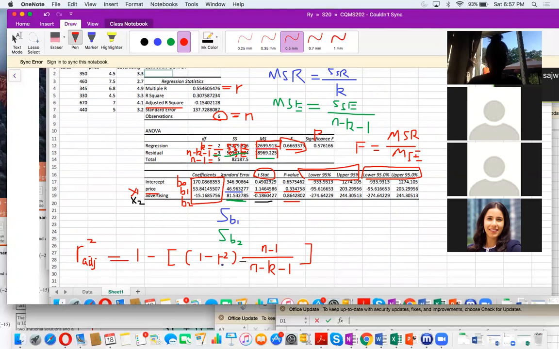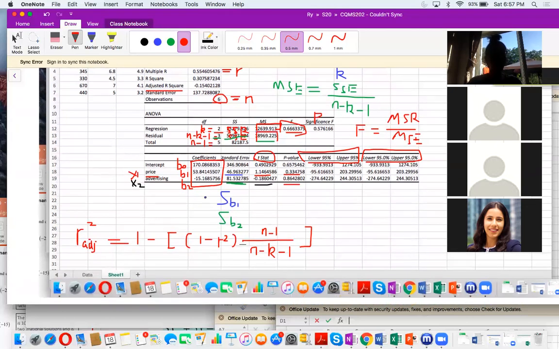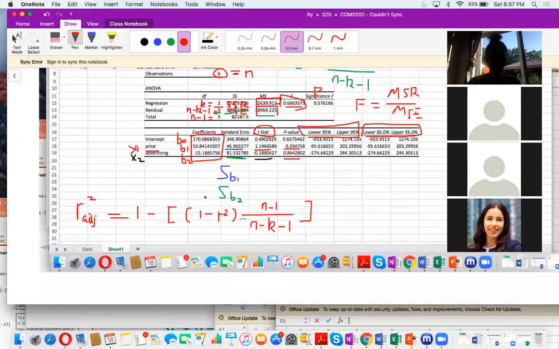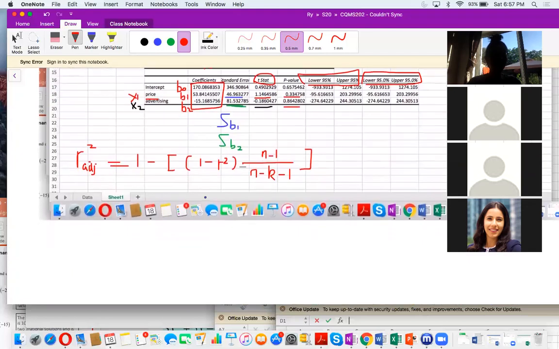So this is adjusted R squared, and the different variations are the same as in simple linear regression.